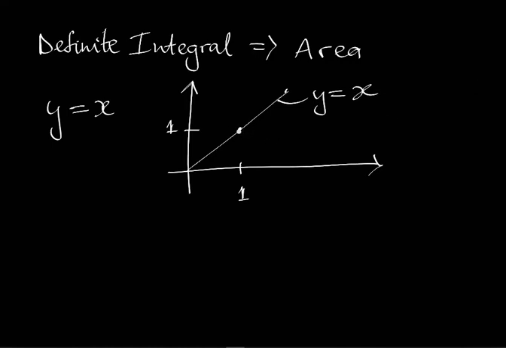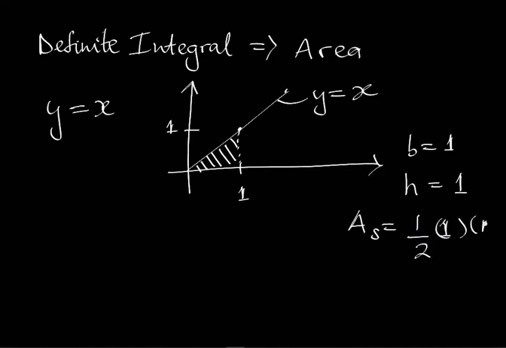Now, if truly integration using a definite integral is finding the area, you can see that this is a triangle. The base is 1 and the height is 1. Therefore, the area we expect after we use definite integrals is half BH.